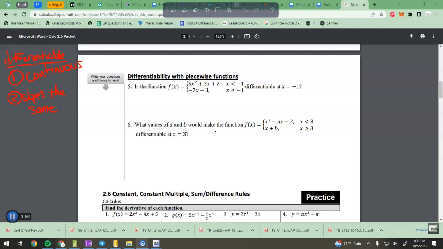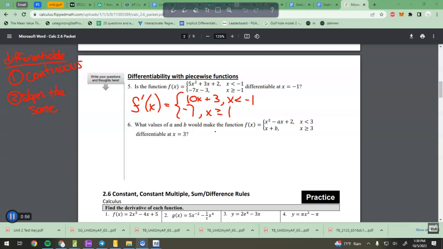So I want to do differentiable. So f prime of x is 10x plus 3 when x is less than -1, and -7 when x is greater than or equal to -1.